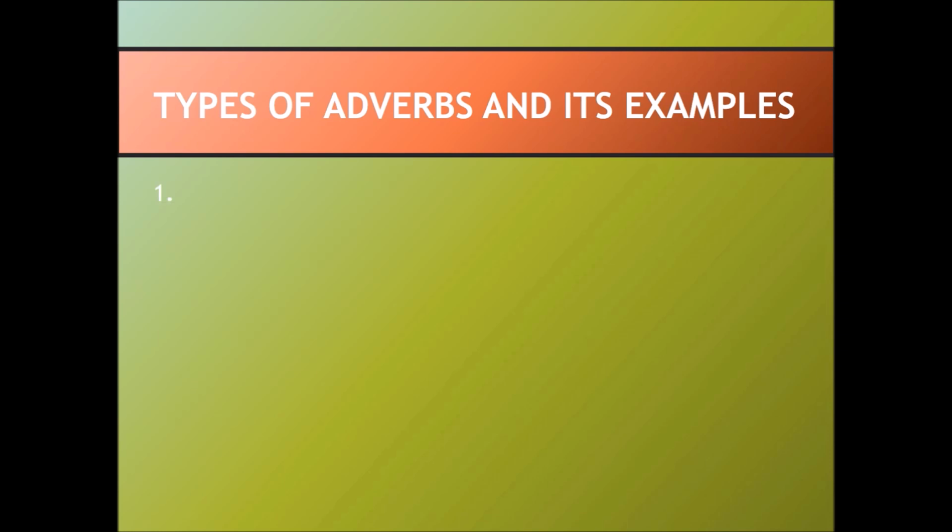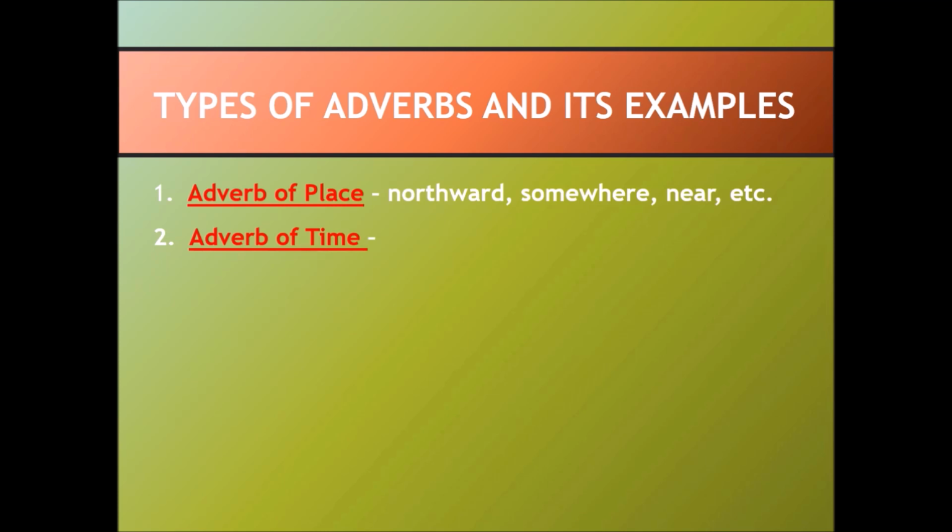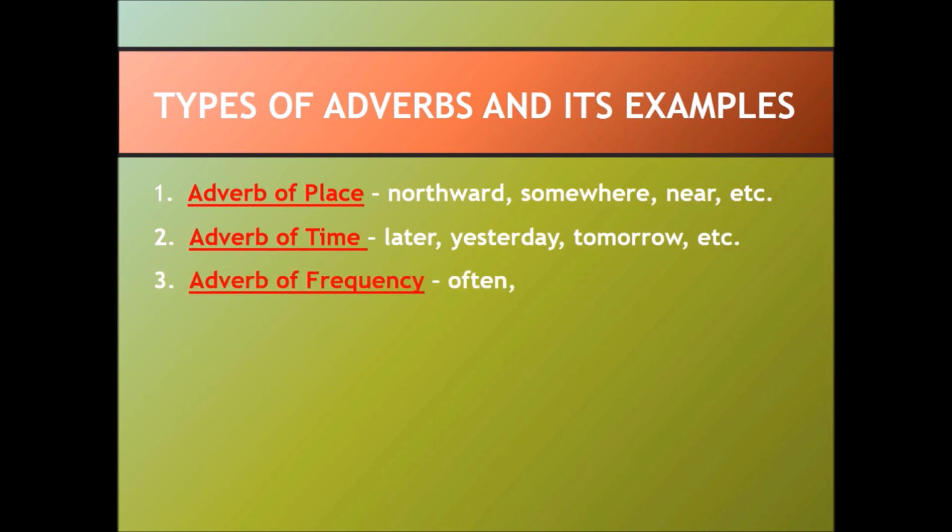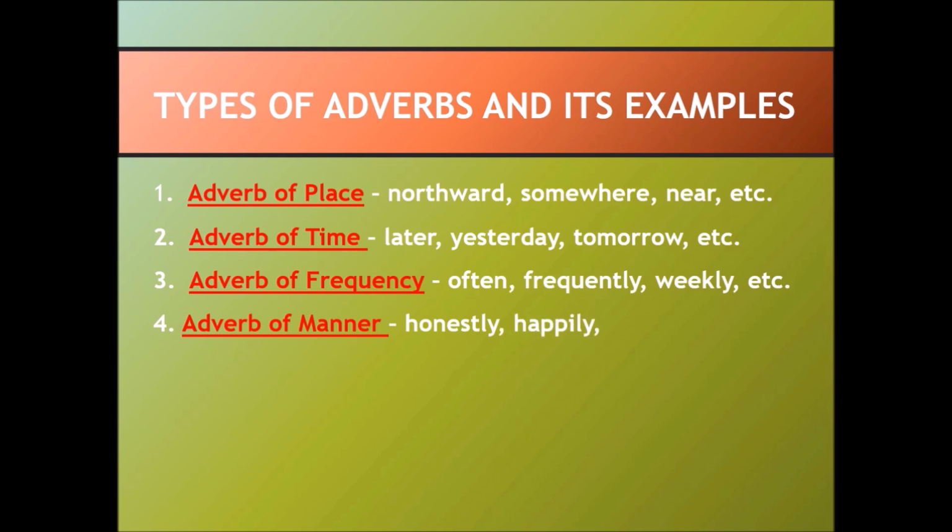The first is the adverb of place, with examples northward, somewhere, near, etc. The second one is the adverb of time, examples later, yesterday, tomorrow, etc. The third is the adverb of frequency: often, frequently, weekly, etc. The fourth one is the adverb of manner, with examples honestly, happily, eagerly, etc.